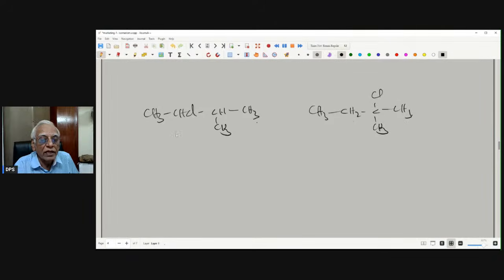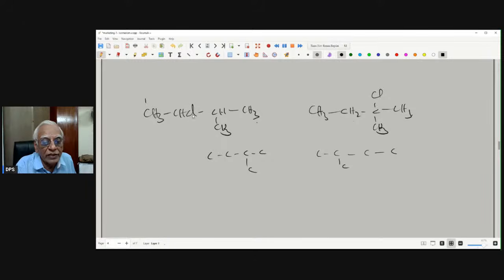Does it belong to functional isomers, position isomers or chain isomers? Look at that. They have got the same functional group, the same number of carbon atoms, the same carbon skeleton. Whether this is going to be this way or this way, the carbon skeleton is the same. And what is the IUPAC name here? We have to number them from 1 because we have to give importance to the chlorine.